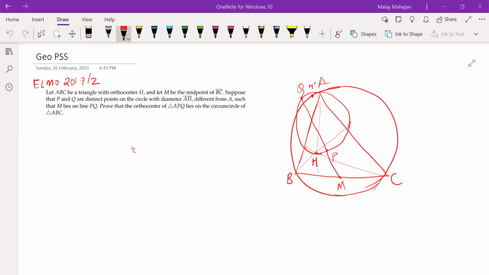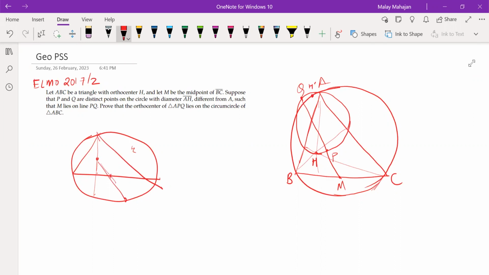Okay, so suppose you have a triangle. Then we know the reflections of the orthocenter over its sides and over its midpoints lie again on the circle. And the reflection over the midpoint is actually the antipode.